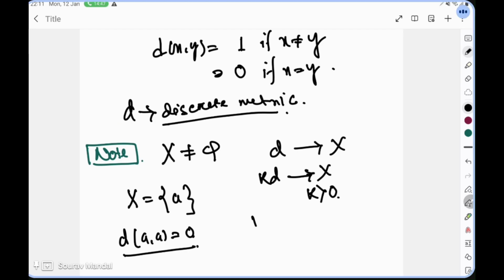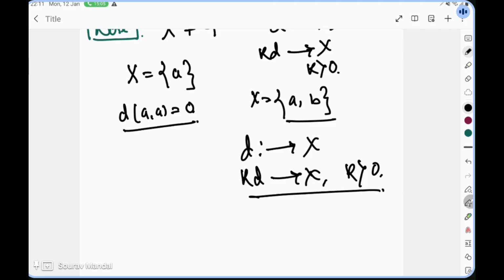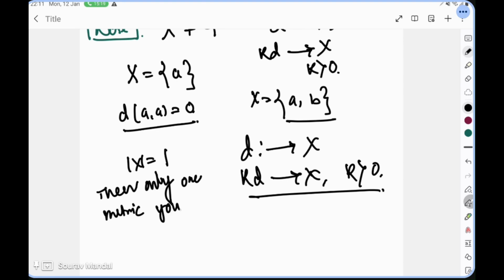If X contains at least two elements, then if d is a metric on X, kd is also a metric on X, where k is greater than 0. So if the cardinality of X is 1, only one metric you can define.